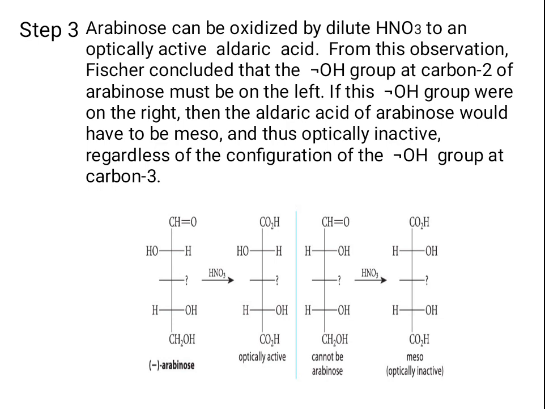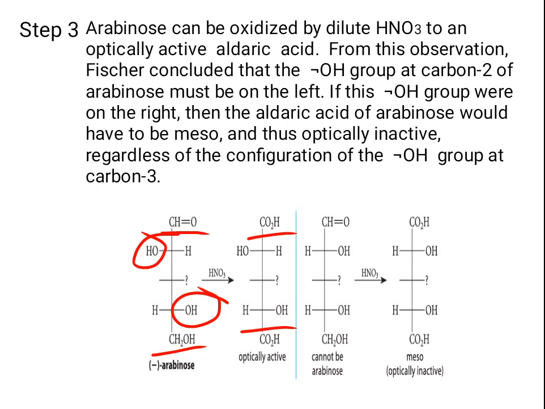So what he saw is that the experiment shows that if you oxidize the arabinose, you are getting an optically active compound. So Fischer understood that this one OH is on the right, so this OH must be on the left, because if you oxidize, this CH2OH and this CHO group will be converted into COOH.